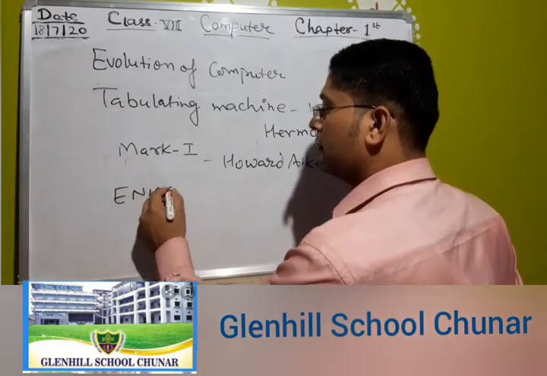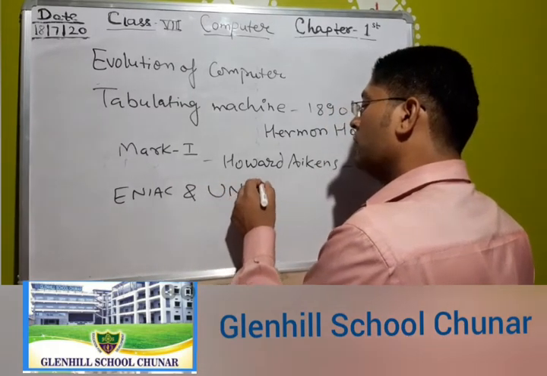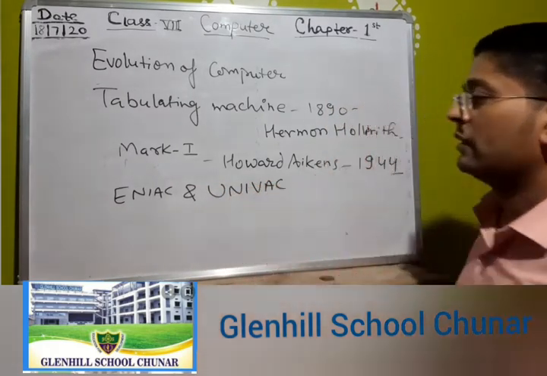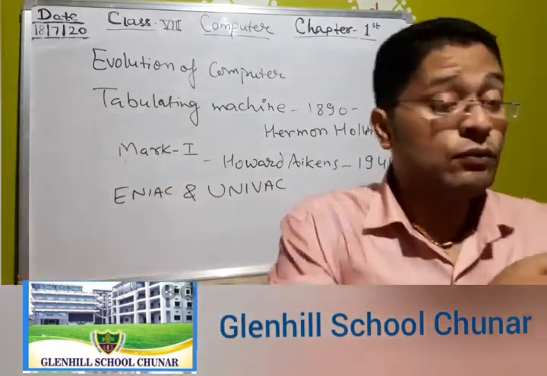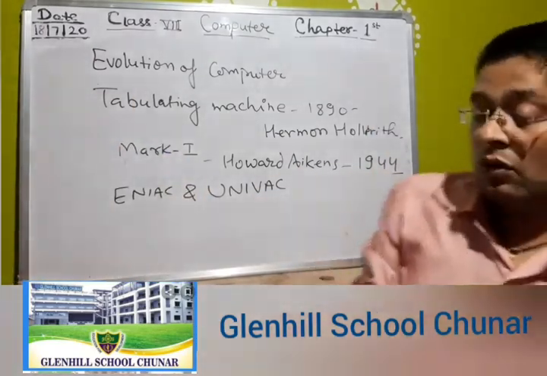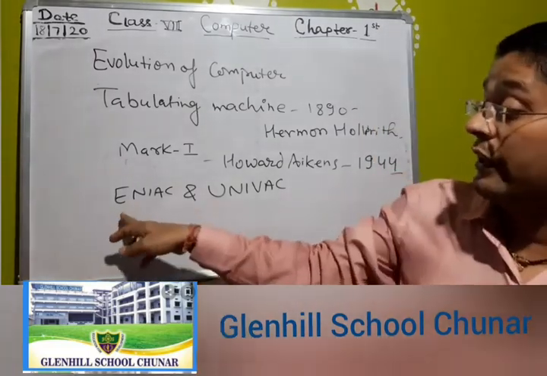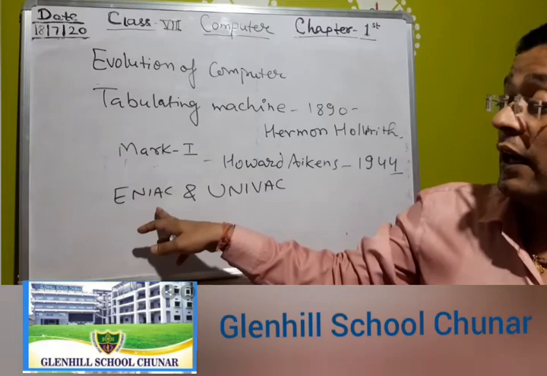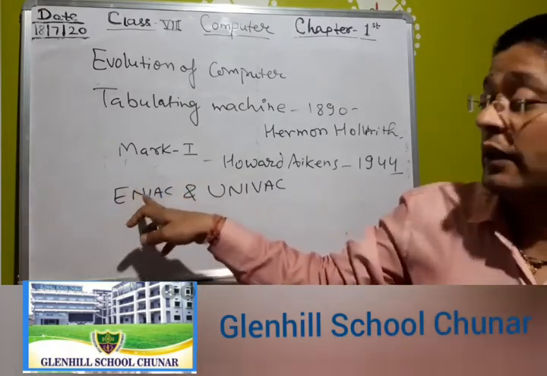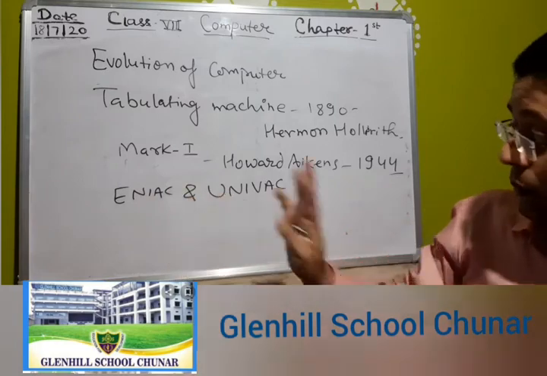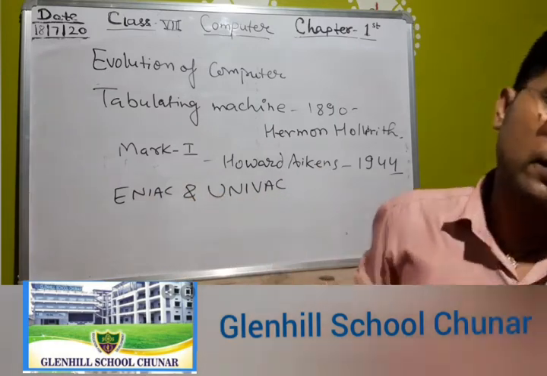And then after that, ENIAC and UNIVAC. ENIAC is the first fully digital computer. The full form of ENIAC is Electronic Numerical Integrator and Computer, and UNIVAC is Universal Automatic Computer.